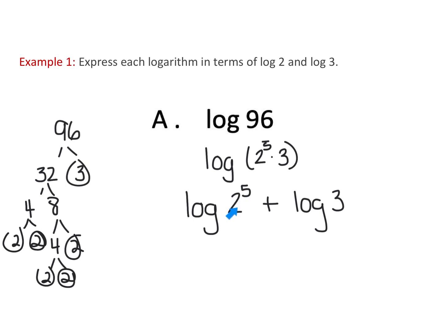This is a log of 2 to the 5th. So this 2 to the 5th, remember this produces an exponent, it would be raised to the 5th. I'm going to bring this out to the front, make it a product, implementing my power rule. So I would have 5 times the log of 2 plus the log of 3.